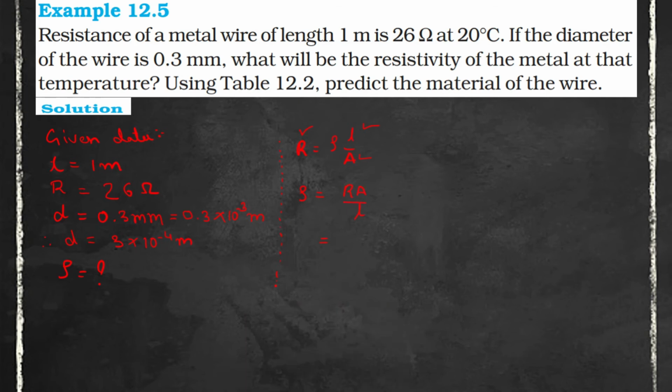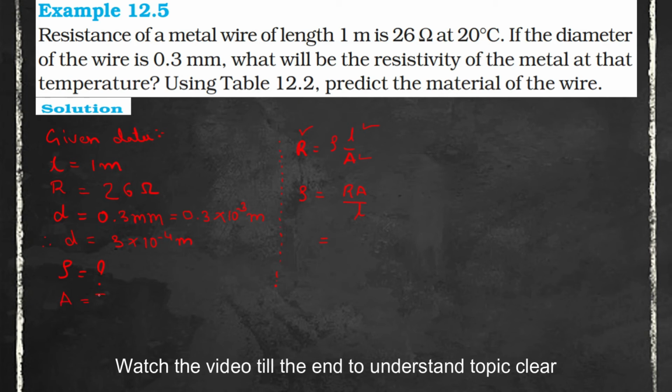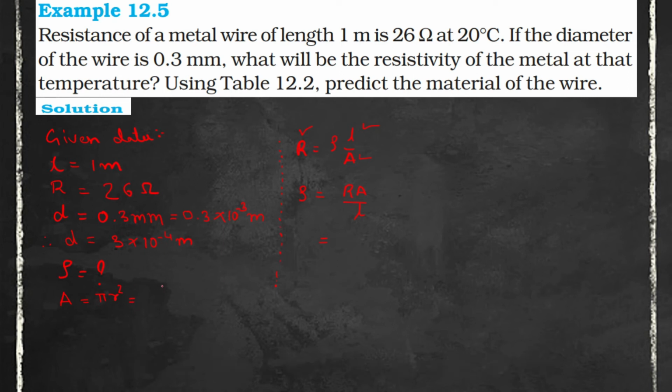If we talk about wire, so wire is cylindrical. We have to find the area. So what will be the area of that cylindrical wire? It will be pi r square. But here we have the value of diameter, so it will be pi d square by 4. We have to substitute all these values of pi and d from here.